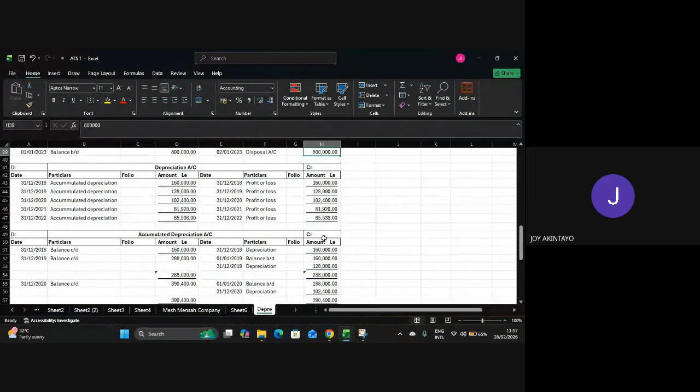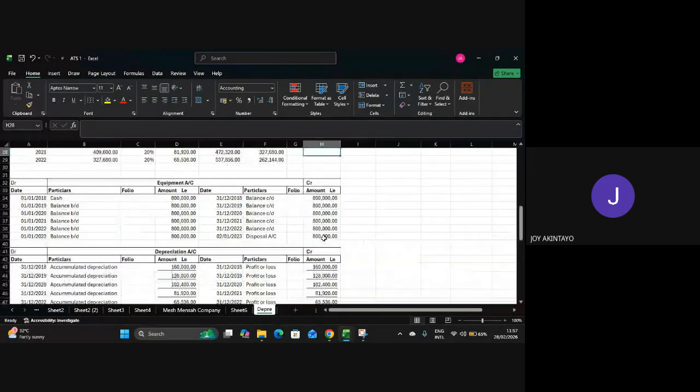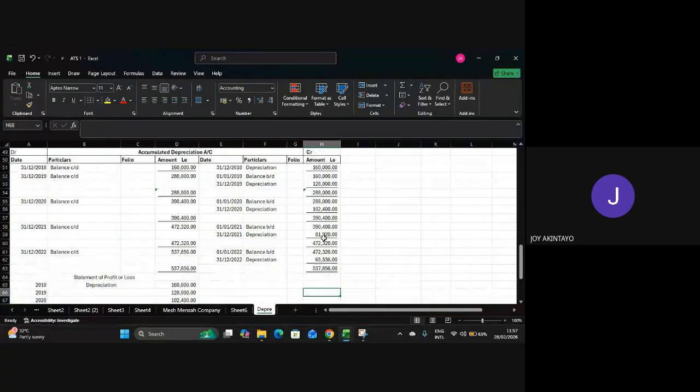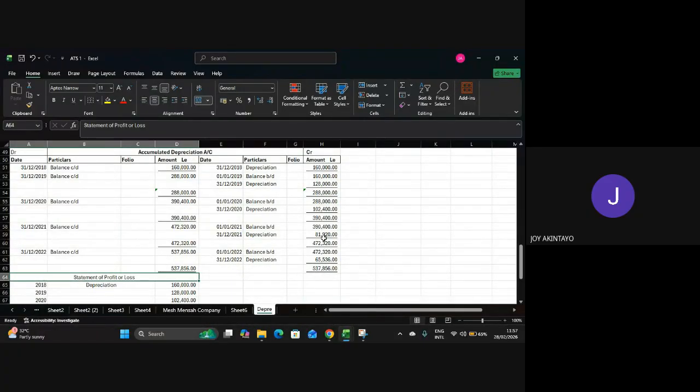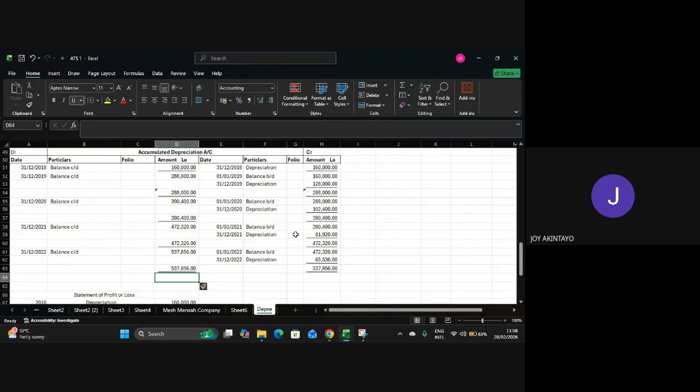Then we come here, our accumulated depreciation account. What will be our balance carried down here for 2023?